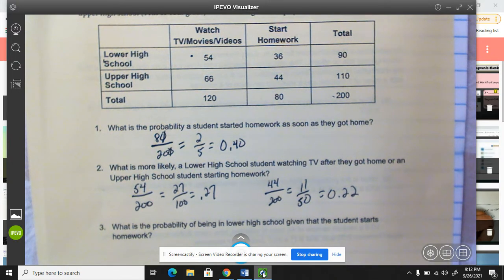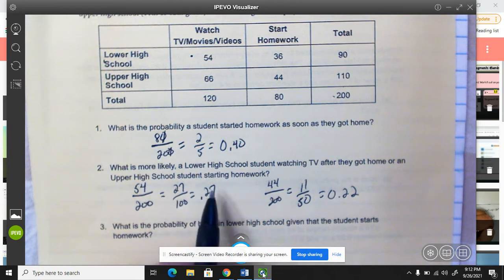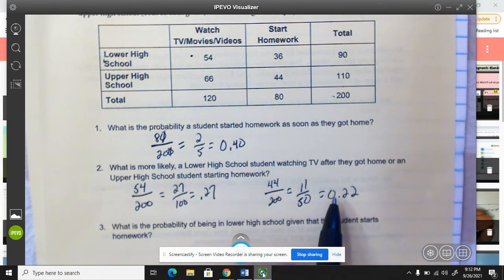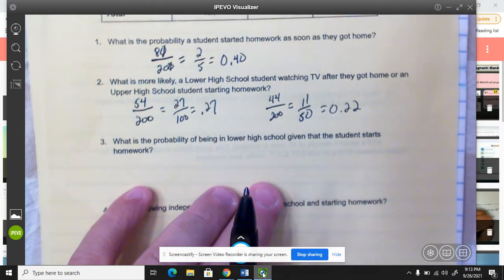So now that I have the numbers, which is more likely to happen? Well, you're going to look for the bigger number. There's a bigger chance of a lower high school student watching TV because the probability is 0.27 compared to an upper high school student starting homework, because that probability is 0.22. So again, it's more likely a lower high school student watches TV. And you'll just need to communicate that in words.